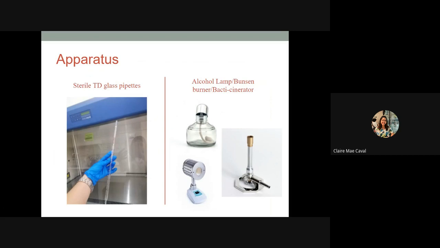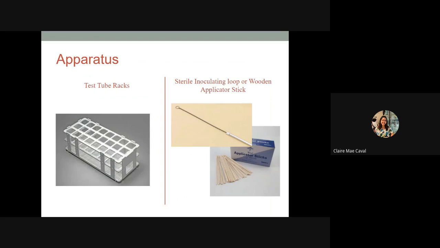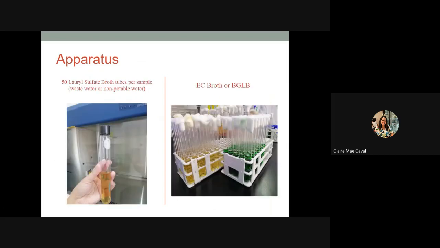An alcohol lamp should not be brought inside a biosafety cabinet, class, because it can destroy the HEPA filter. I'm sorry. Next is, of course, you need test tube racks and a sterile inoculating loop or wooden applicator sticks.